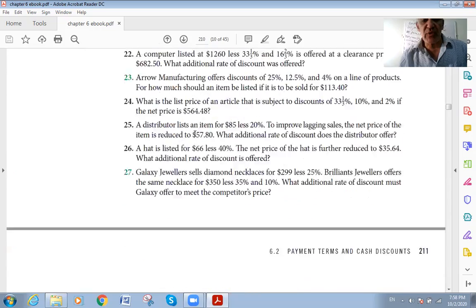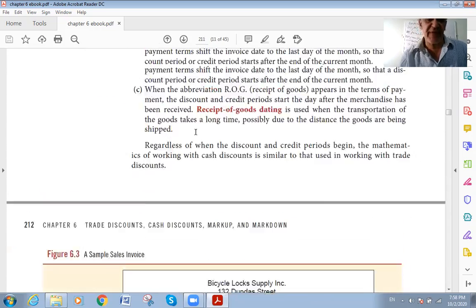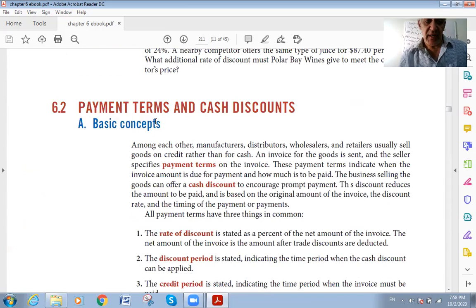Now we are going to move to another aspect which is very, very important: trade discounts and cash discounts, which is a very important chapter, because most of commercial life depends on the invoices, the bill of lading, and all the trading documents which are known to all the people who are working in business.